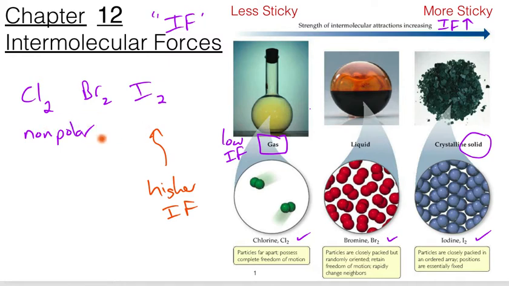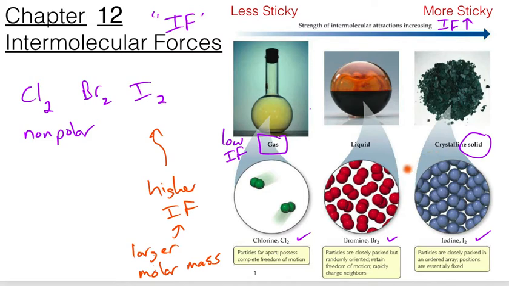They're all nonpolar. The feature that causes this one to have a higher intermolecular force is that it has a larger molar mass. That's just the trend we see: the larger the molecule is, the higher the intermolecular force is going to be, and the more likely it's going to be a solid.